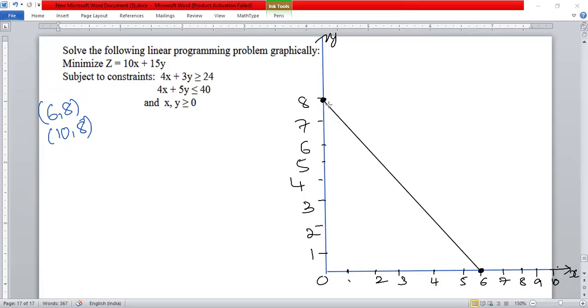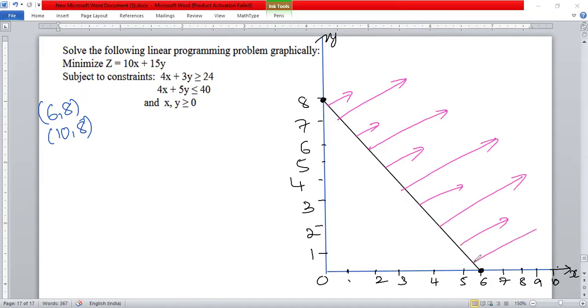So that should be greater than or equal to, say, outside the function. So this is outside the function. Okay, next point is 10 comma 8. This is 10.